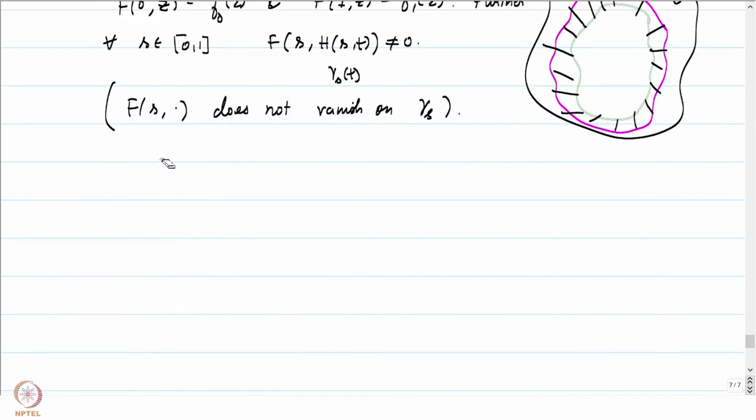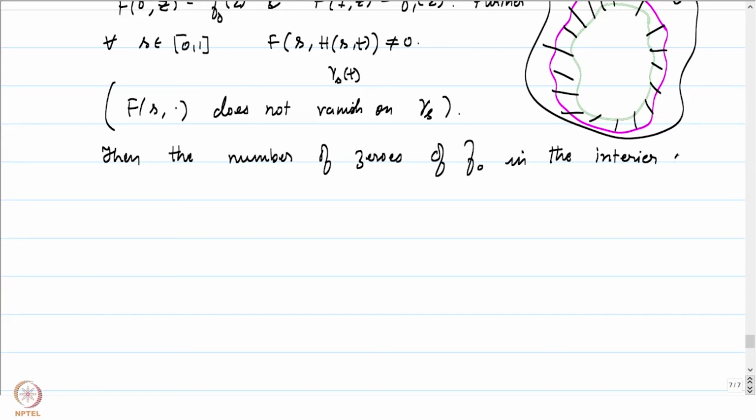The conclusion here is that the number of zeros of f0 in the interior of gamma 0, remember that gamma 0 is null homotopic and therefore there is a homotopy which homotopes gamma 0 to a constant path.